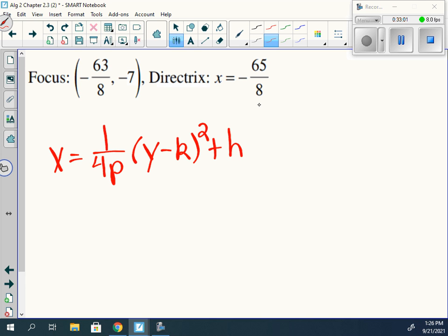Now, in the general equation for this, the focus is (h plus p, k). So here we have h plus p comma k. It also tells us that the directrix is x equals h minus p.